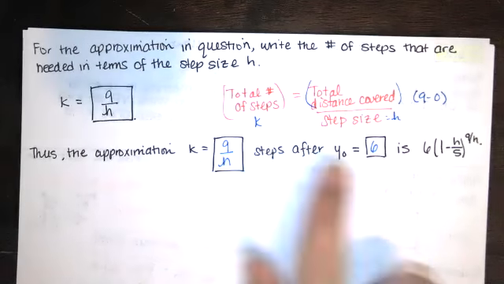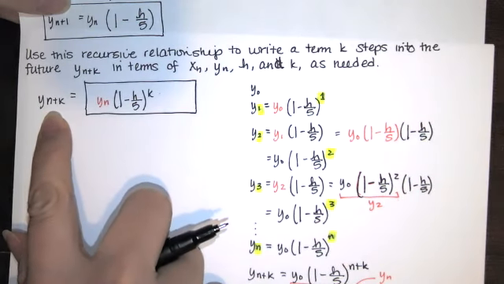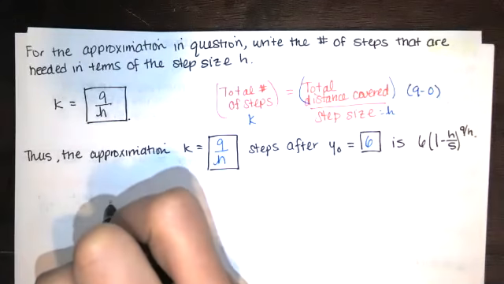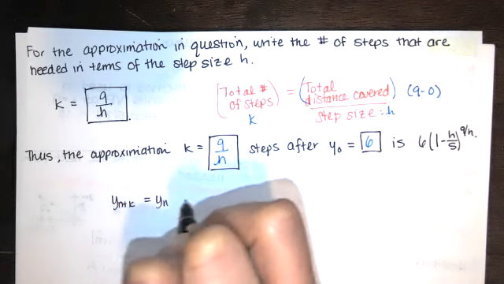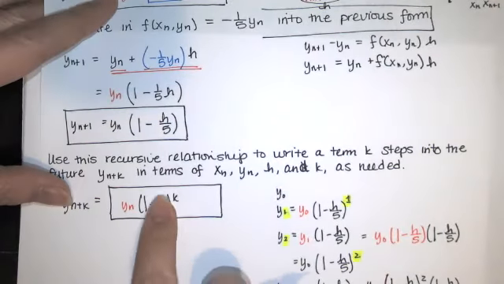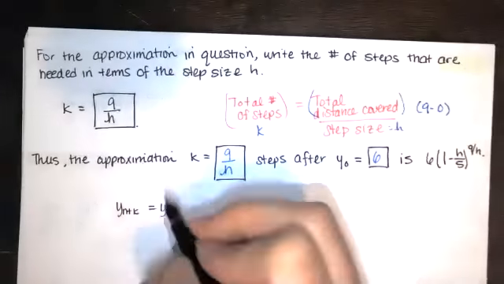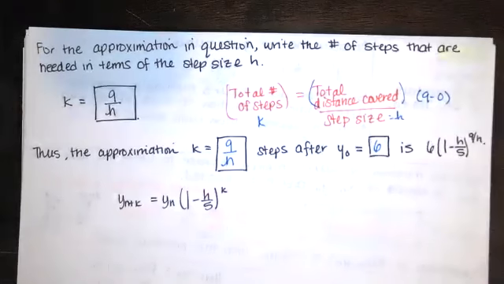Now that comes from taking these two pieces and substituting into our answer that we got over here. So we had y sub n plus k is equal to y sub n times 1 minus h over 5 raised to the k power.